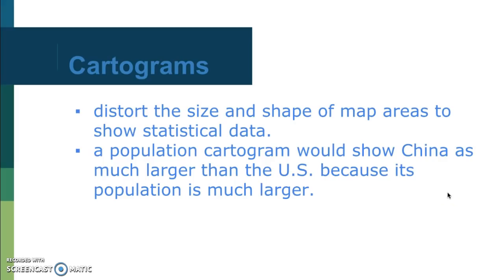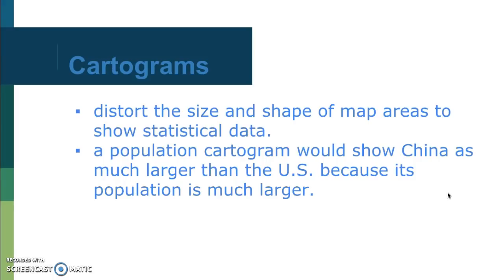And last but not least is my most favorite map. It's called a cartogram. And when I show you the example, you're going to probably be like, oh my word, this is really weird. A cartogram is almost like you take a map and you stretch it, and maybe you smush it.